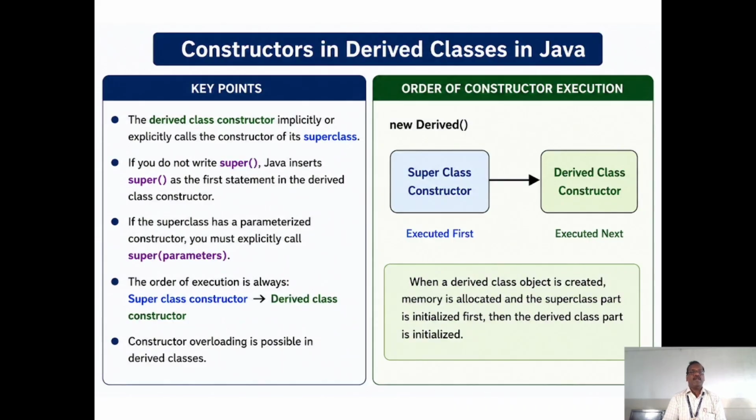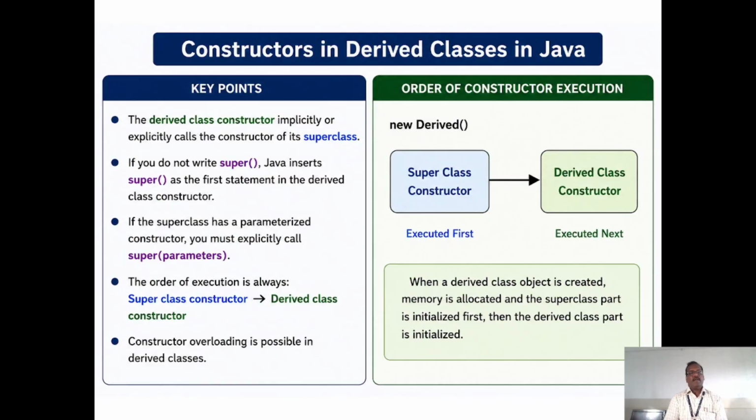If you are not writing any super keyword to invoke the base class constructor, then the Java compiler itself automatically uses it as the first statement of the derived class constructor. In the order of execution, it always invokes the superclass constructor first, and only then invokes the derived class constructor.